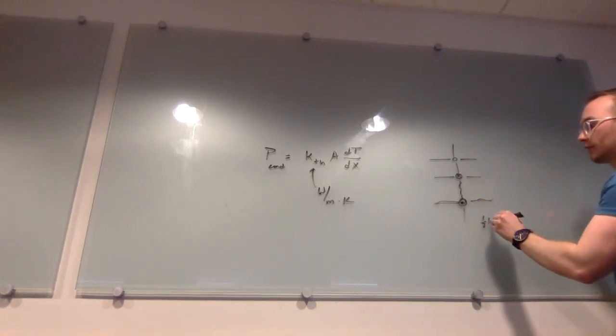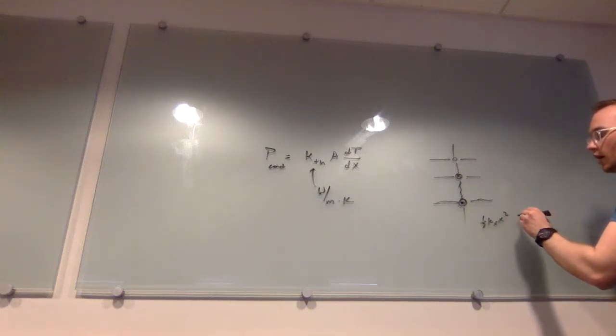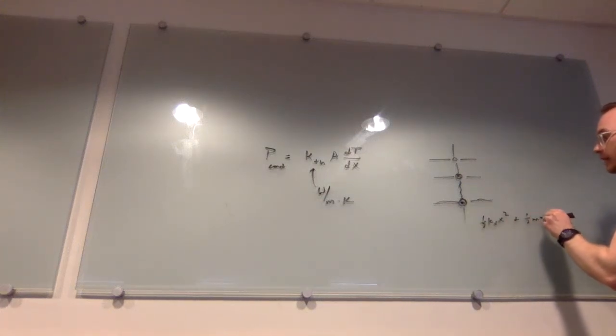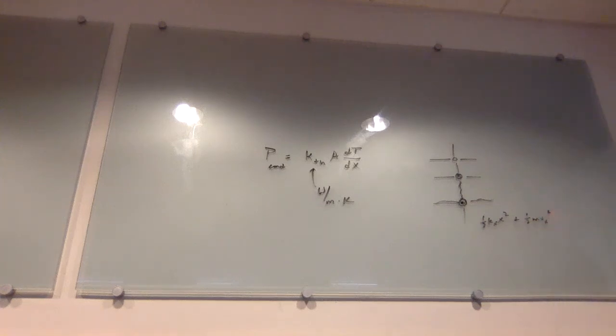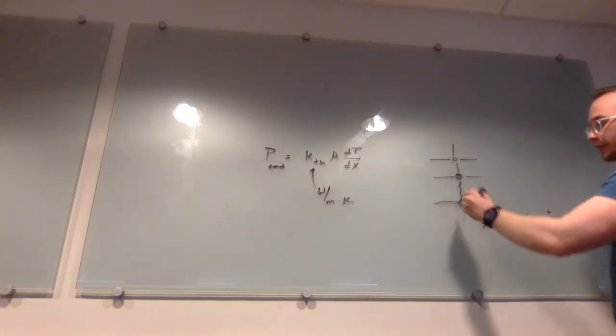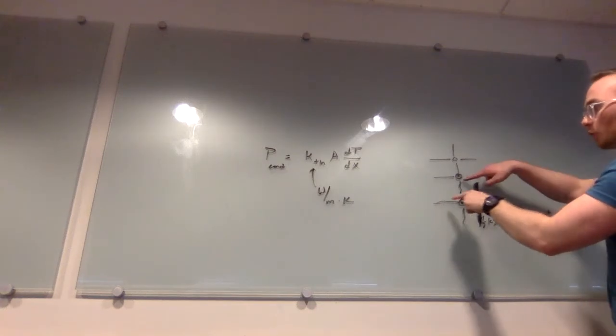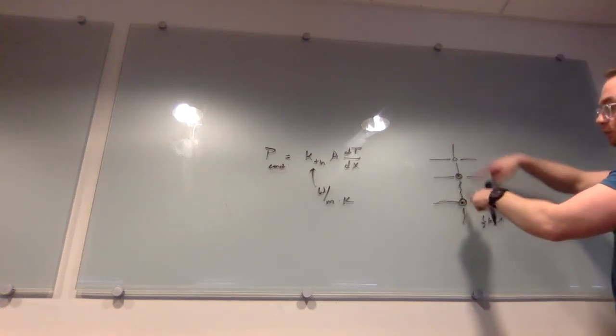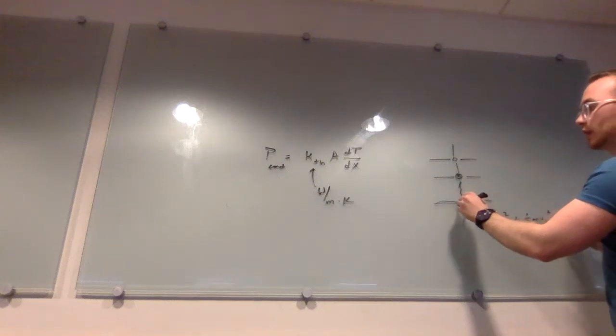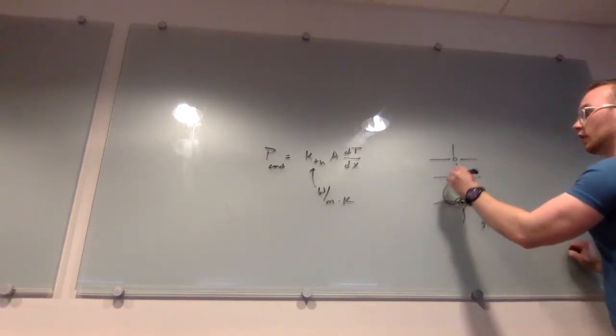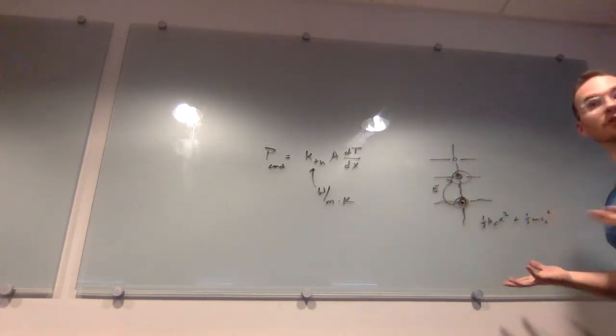So you can have 1/2 kx squared plus 1/2 mv_x squared for a one-dimensional example. Of course, 2 dimensions is the case. So if one gets vibrated and then another one vibrates too, because it receives energy from that, the energy that got transferred from here to here is a phonon, right?